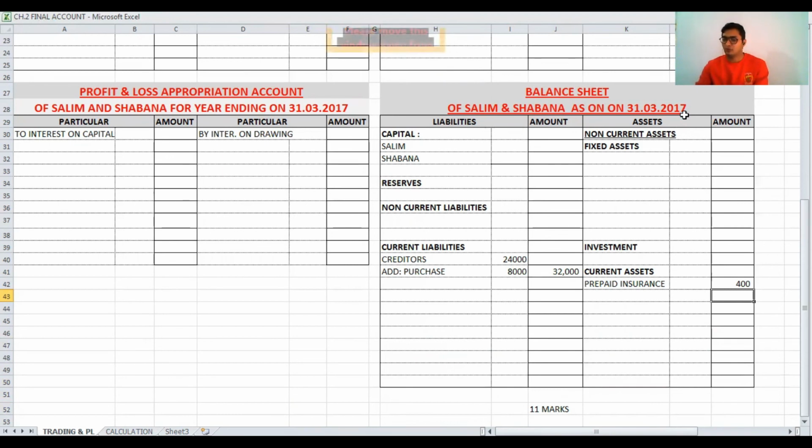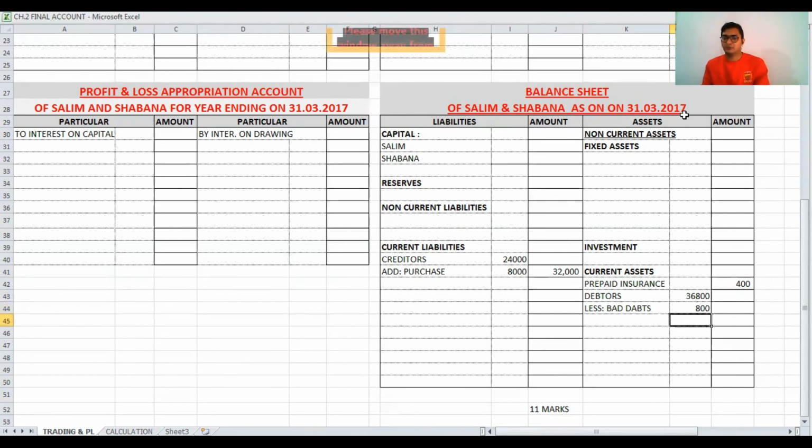Adjustment number 4: from the debtors, 800 is not recoverable. So in current assets, first of all we write debtors, less the not recoverable amount, which we call bad debts. Bad debts amount is 800, and the debtors amount given in the trial balance is 36,800, from which we have to deduct 800 as bad debts.